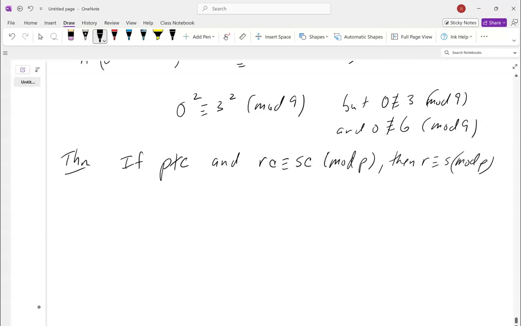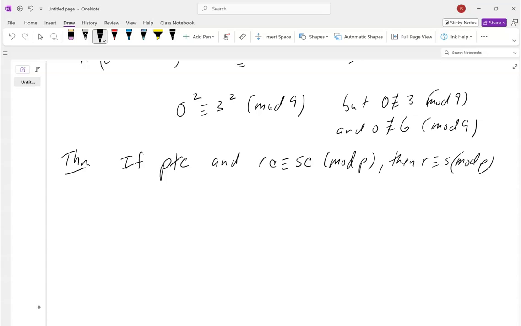What does it look like we've done to both sides of that congruence? Or maybe equation's a better word there. What does it look like we've done? You got rid of the C, right? It looks like we've canceled off the C, divided the C out, whatever you want to call it. Notice the important part of that is that P doesn't divide it, right? We talked about last time things either being units or zero divisors, and units are the things we can divide by, right?